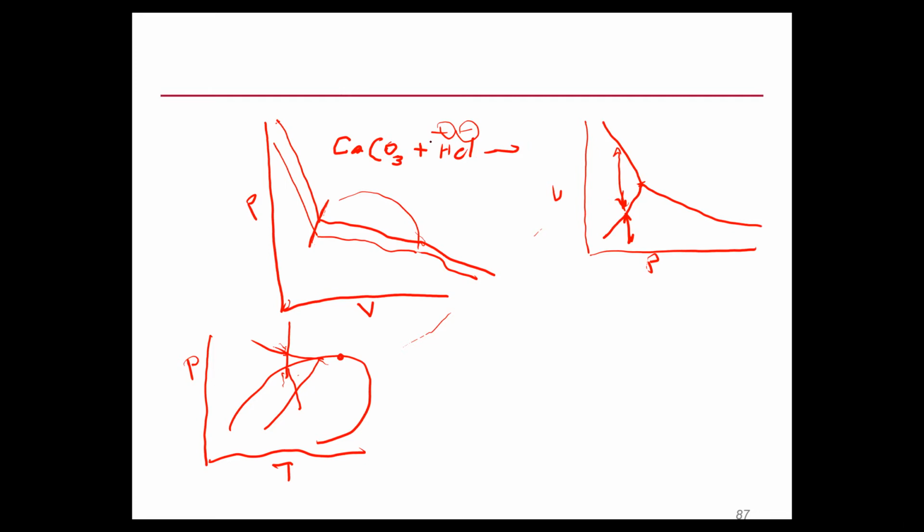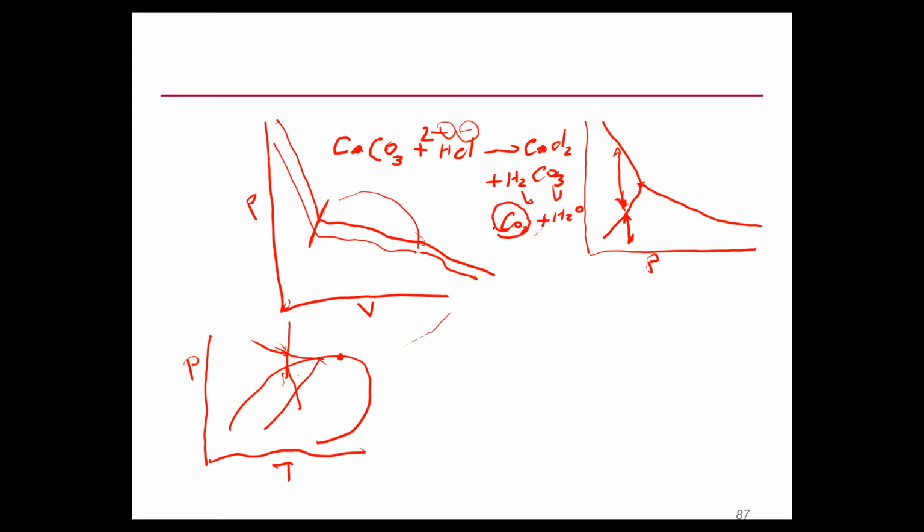2 HCl creates calcium carbonate plus H2CO3, carbonic acid, and this will be converted to CO2 plus water.